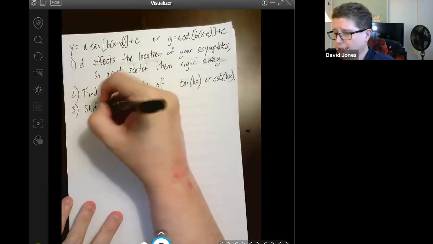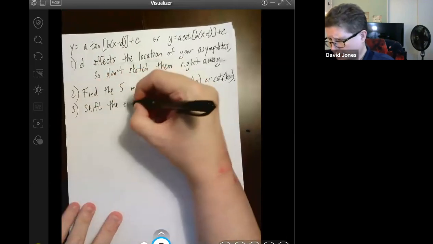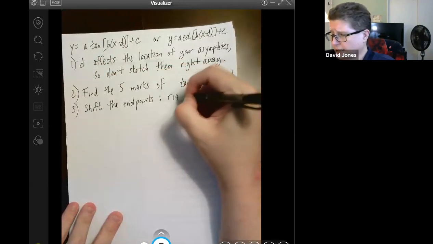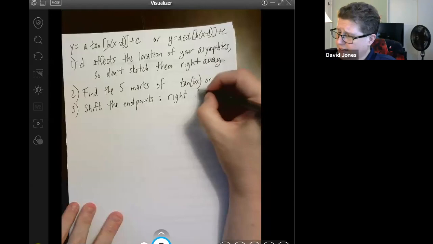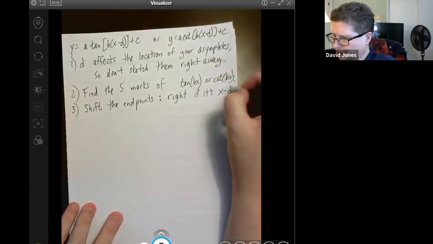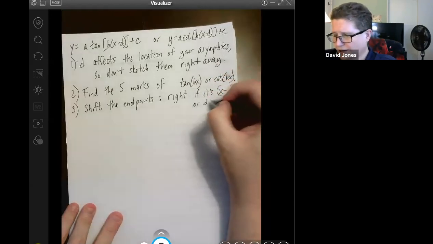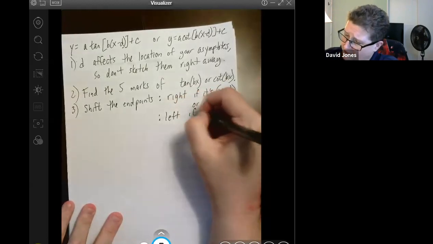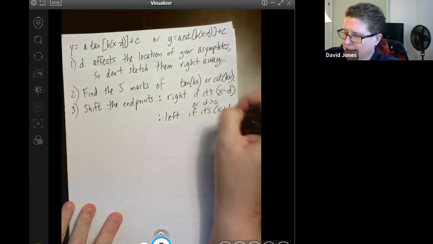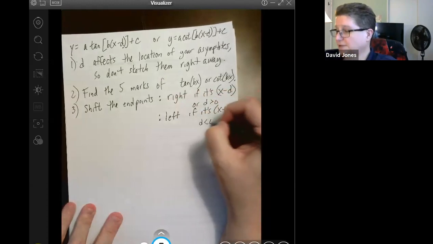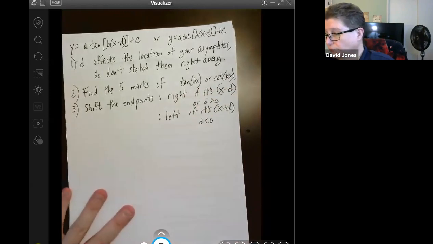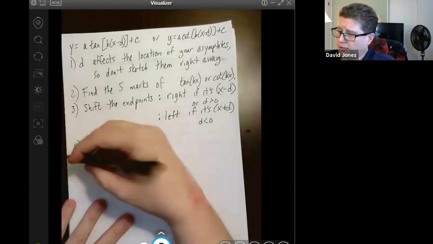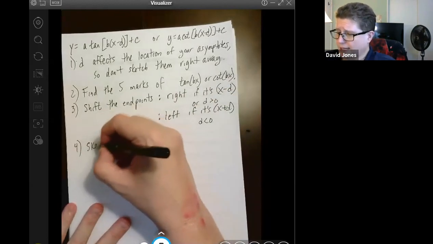Shift the endpoints right if it's x minus d, or d is greater than 0, basically, and shift it left if it's x plus d on the inside, so d is less than 0. Okay? So sketch your asymptotes there.